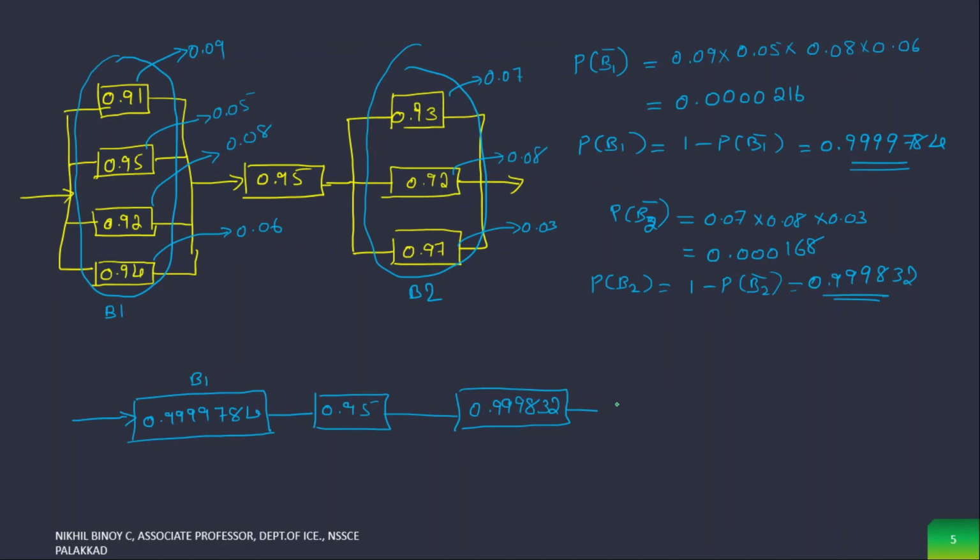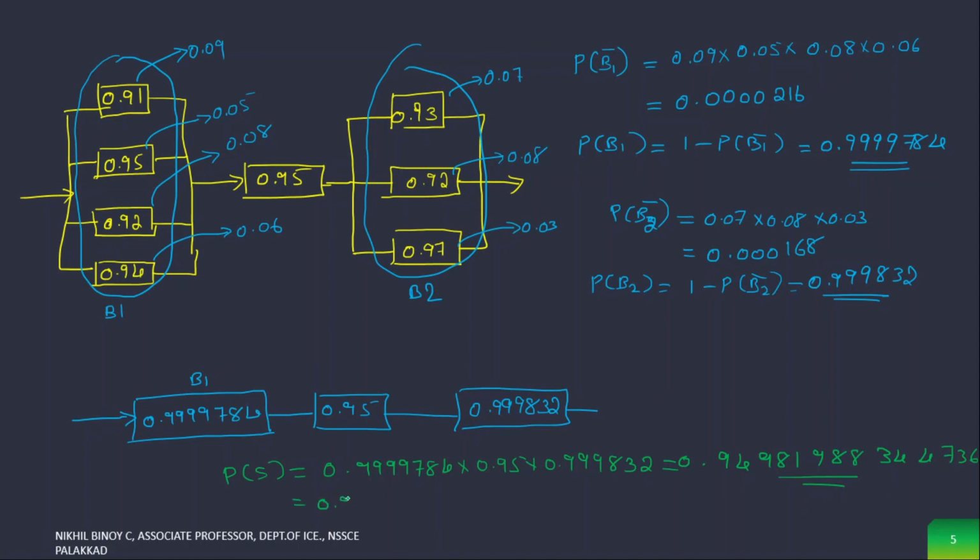So the probability of survival of the system, that is P of S, is equal to the product of these three, that is 0.9999784 into 0.95 into 0.999832. So that is equal to 0.949888344736. Probability of survival is equal to this value.